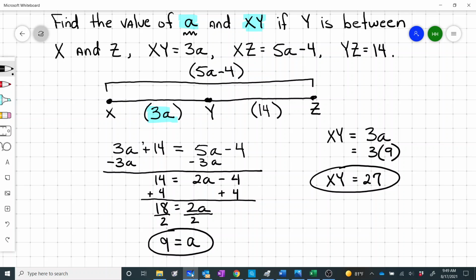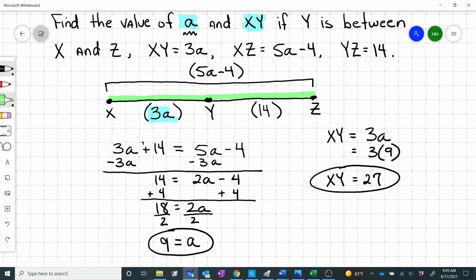Just be careful when you're reading the problem and drawing your picture. Be careful to get your expressions in the correct place. And remember, the two smaller pieces, this X to Y plus Y to Z, added together have to equal the total length of the segment.